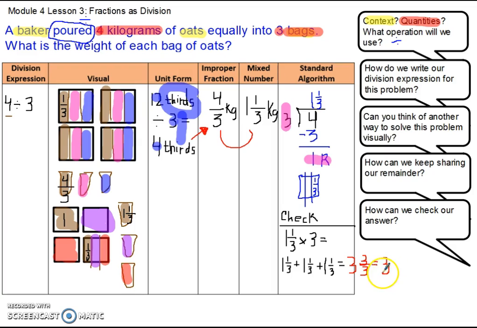And so I would add that to my 3. So I'd have 3 wholes plus another whole made up of fractions, which would equal 4. And that is exactly the number that I was looking for. So my answer is correct.